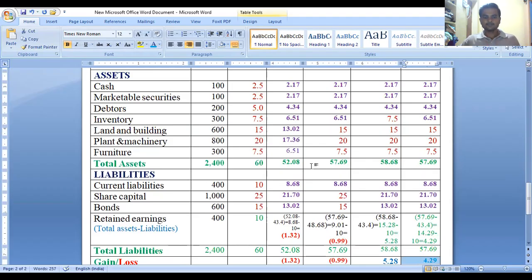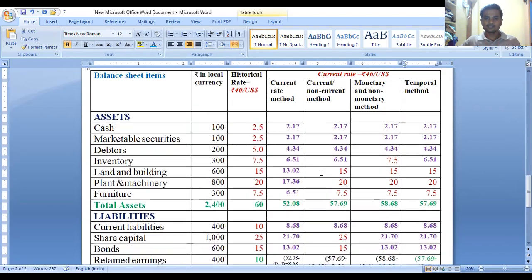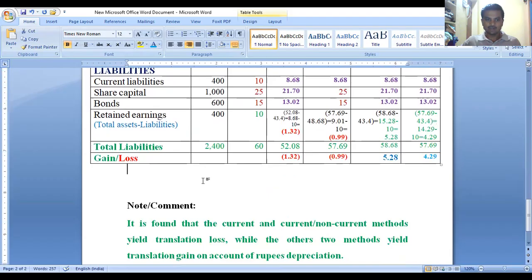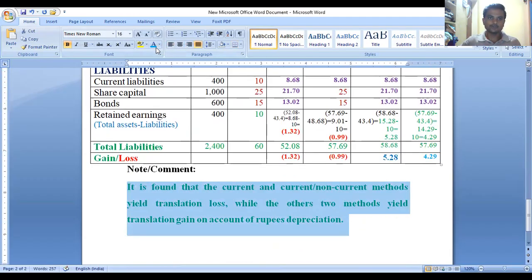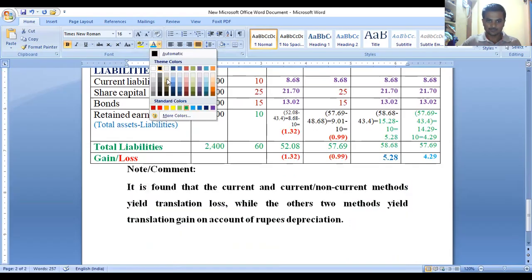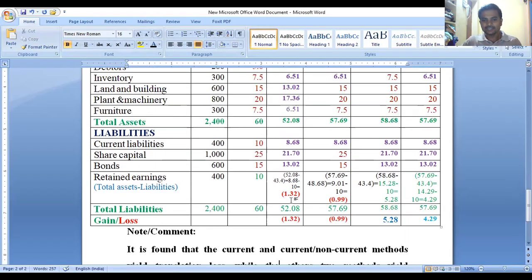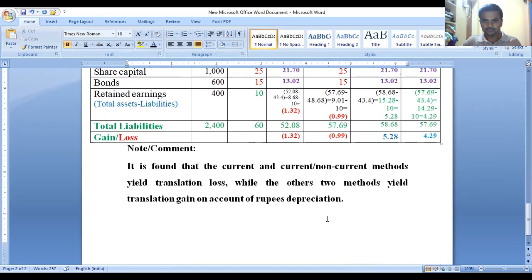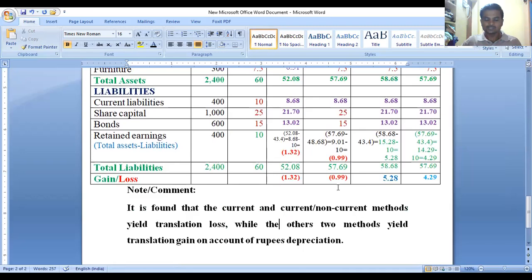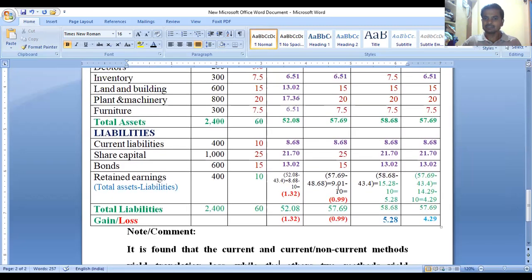So this is the solution for calculation or management of translation exposure. So at last we need to write a comment. It is found that the current rate method and non-current rate method show a loss by translation exposure, by translation of our currencies.